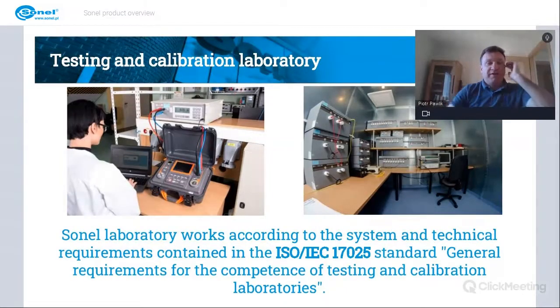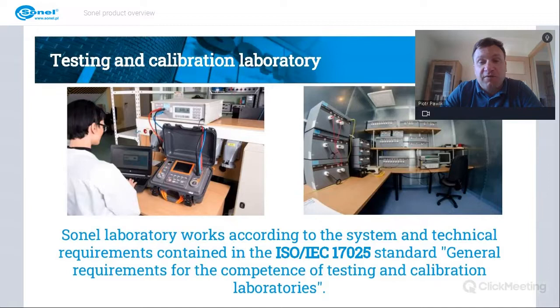Okay, so those were our meters. Now let's look at other things that we do at Sonel. We have an accredited testing and calibration laboratory. Of course, we would like all our customers to send our meters for calibration. We recommend checking our meters once every year, so once every 12 months, to make sure that they are measuring correctly. But as we are talking about Southeast Asia, you are quite far away from Poland, so there will be long delivery times and probably some customs associated with this.